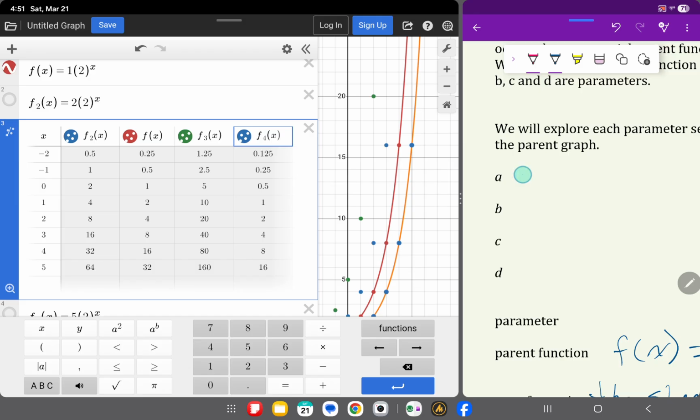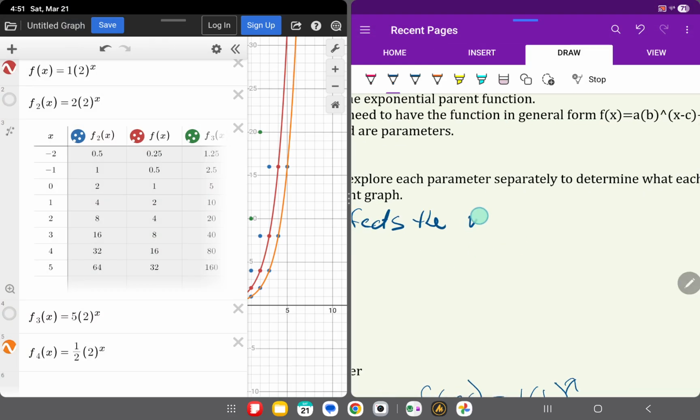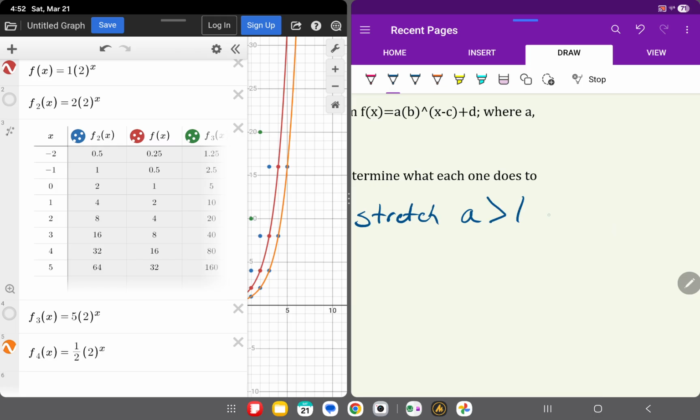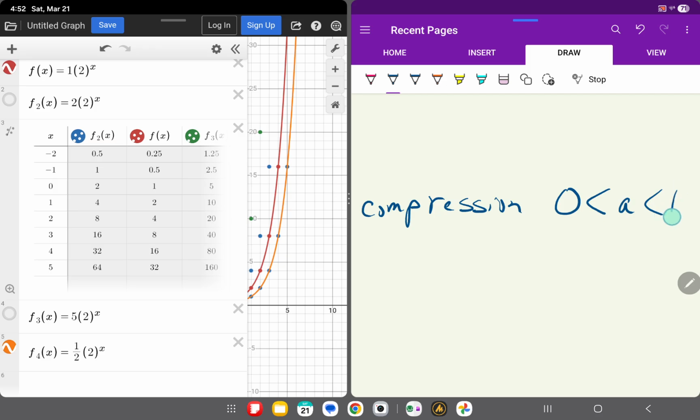It affects the vertical stretch, a greater than 1, or compression, if it is between 0 and 1.